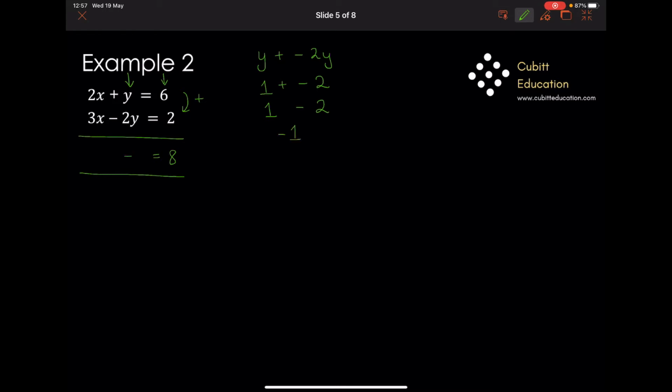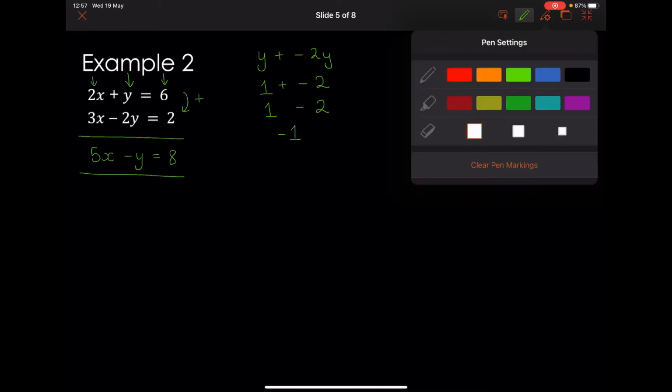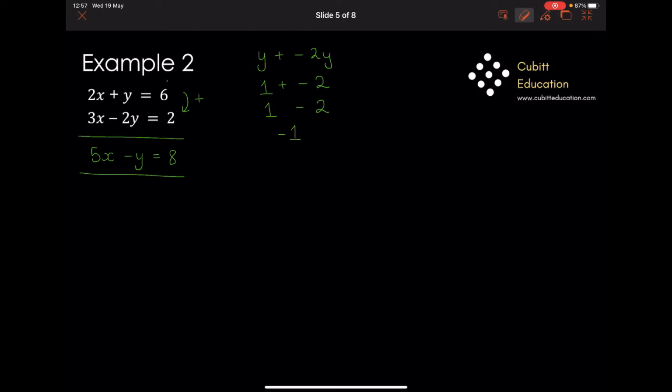So we end up with minus 1y there, or minus y. And then we have 2x plus 3x, which is 5x. So we end up with 5x minus y equals 8. We've still got x's and y's, so we haven't eliminated anything. So I can't add them together. I'm just going to get rid of that.